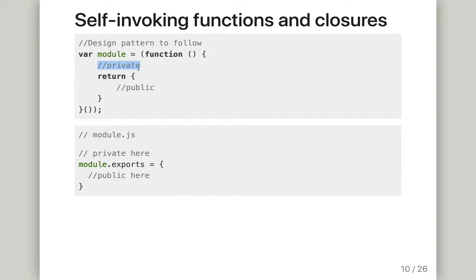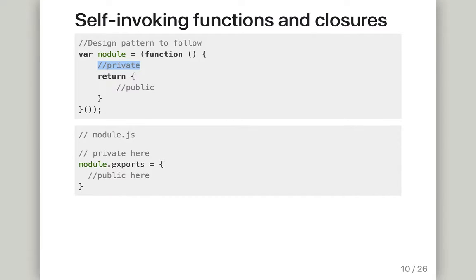This function is returning data which is public to the outside world, and if you want to keep something private, you just write it before the return, so it's private to that function. With new Node.js and the new module concept, now we don't have to create a self-invoking function or closure to hide the properties. We can hide the properties inside the module.